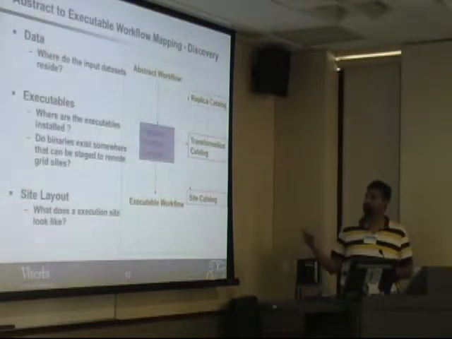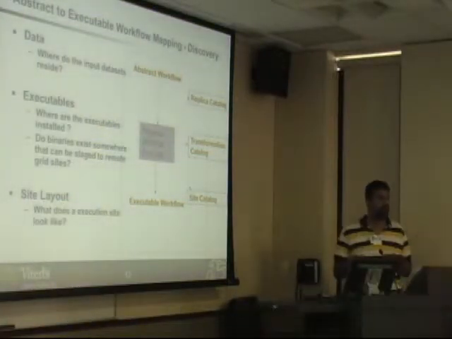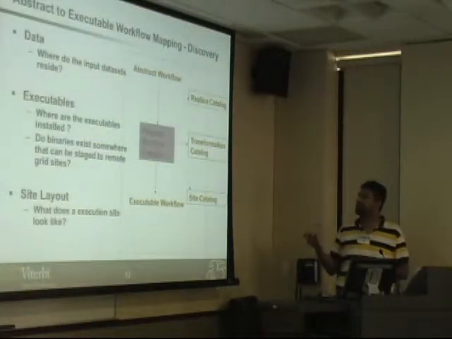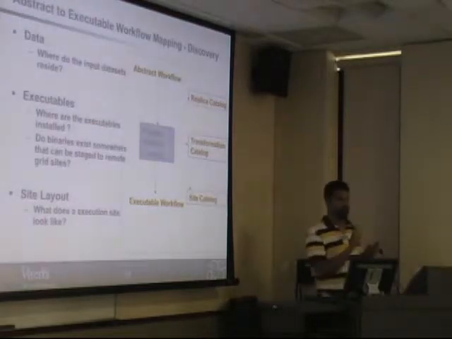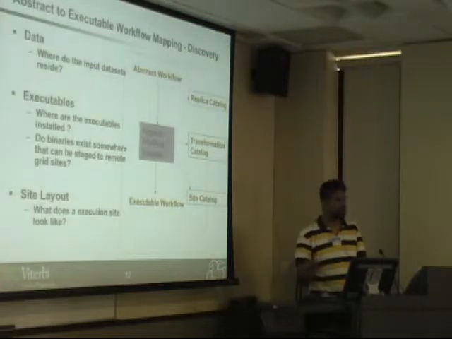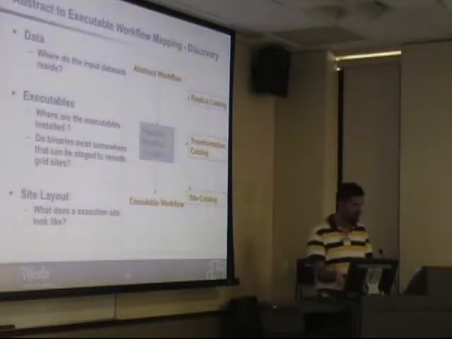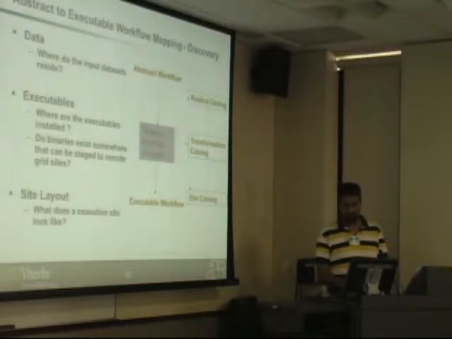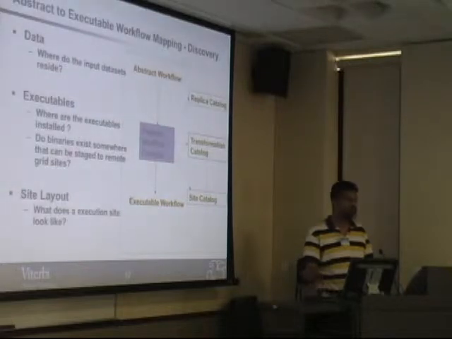For each of these discovery mechanisms, Pegasus interfaces with information catalogs, which in the case of data, we call a replica catalog. It says that a data set with this identifier resides at this location. It does not have to be a location on your execute machine, but a server-accessible location so that Pegasus can transfer the data when the job starts.